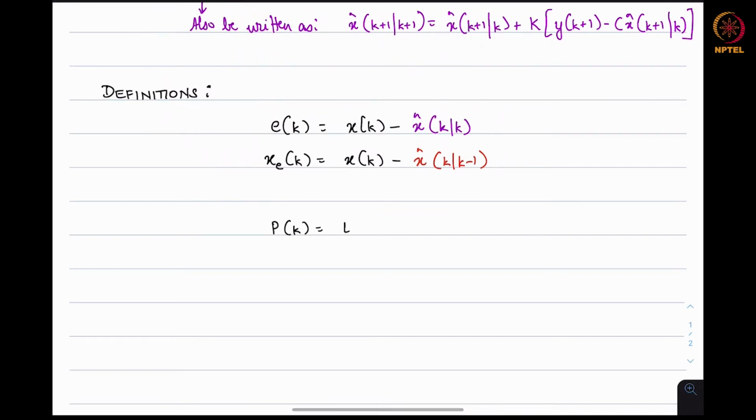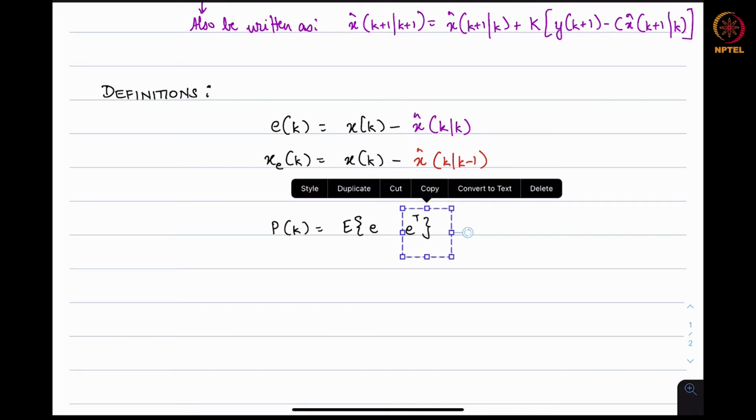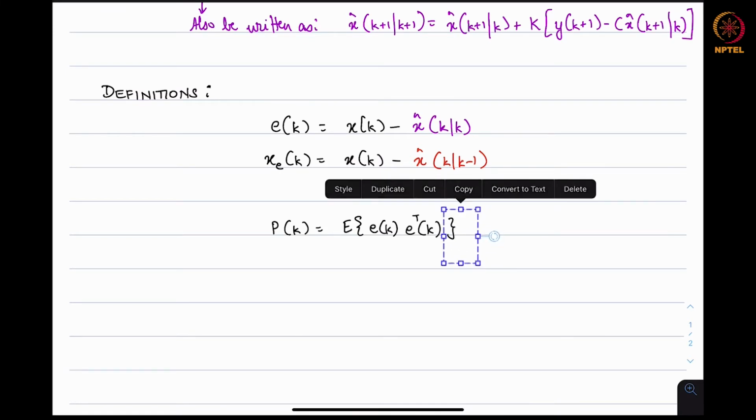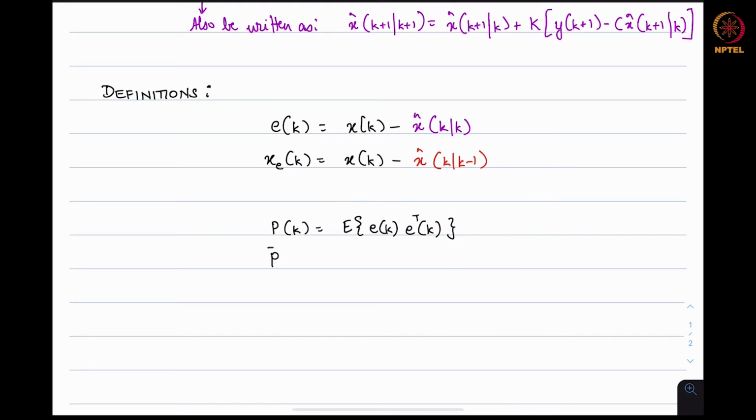P k is the expectation of e k e transpose k. This was P, and we had P bar k as the expectation of xe k xe transpose k.